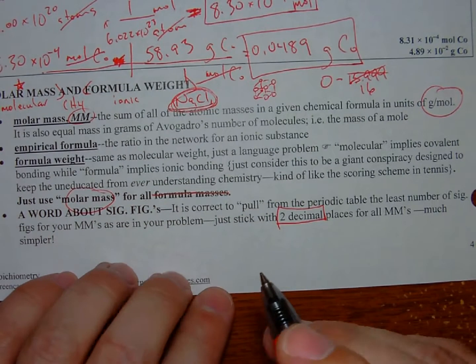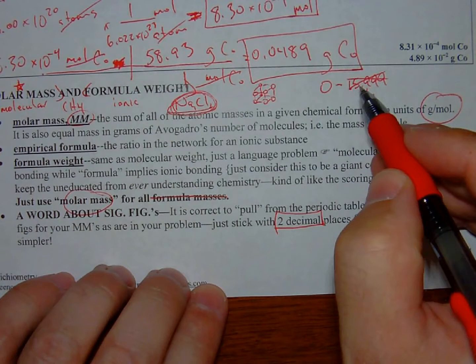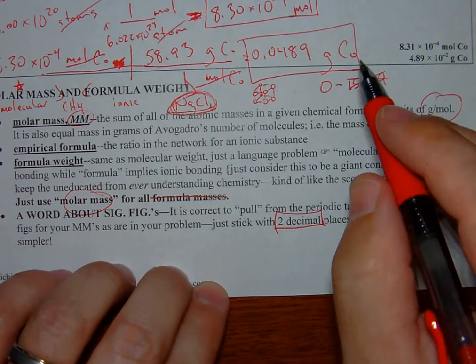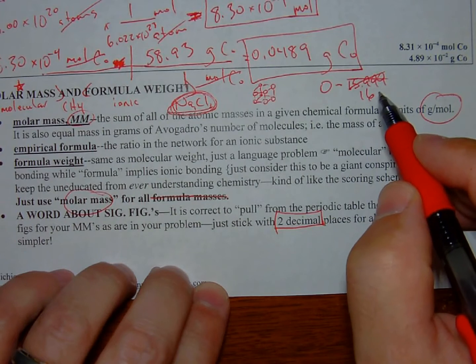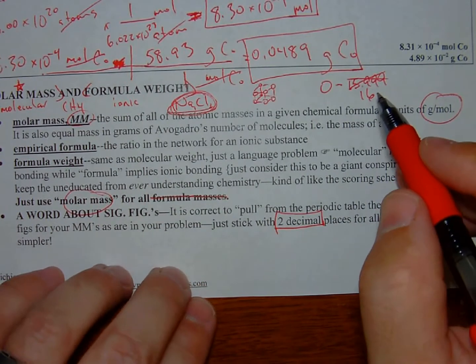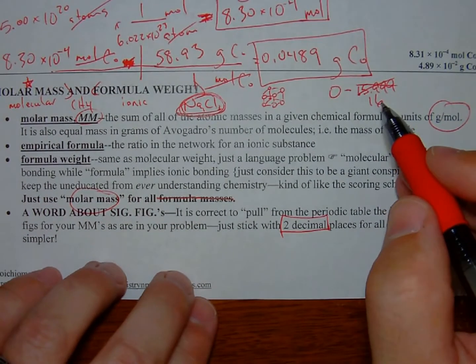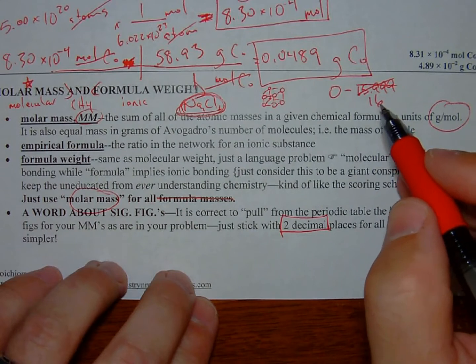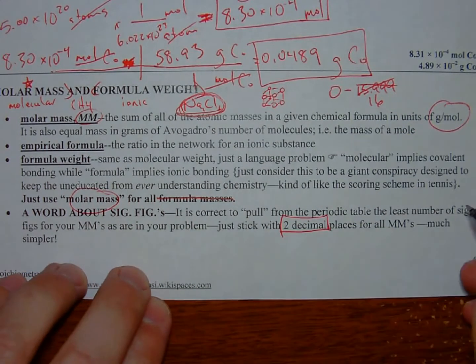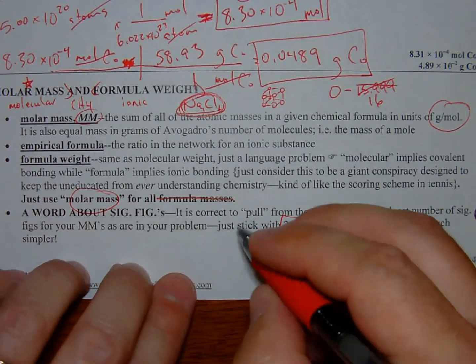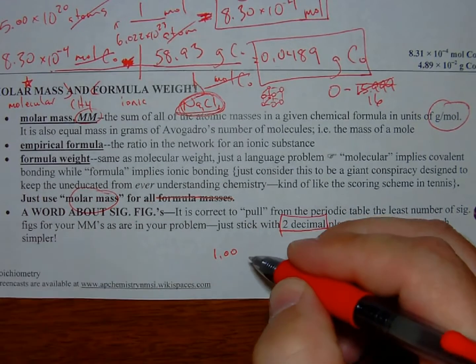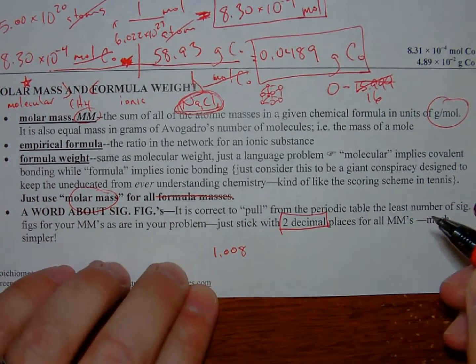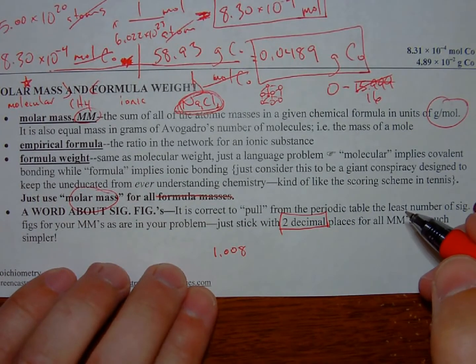Just keep it simple. Remember, the AP graders are not going to grade you down because you were off by 1/100,000th of a decimal. You know how to do the process. You know how to do the calculation. This is not going to be a problem here. So you'll see as we do calculations here, coming from exercise 5, that if I were to use the number on the periodic table I just showed you, I would use 1.008 grams per mole.